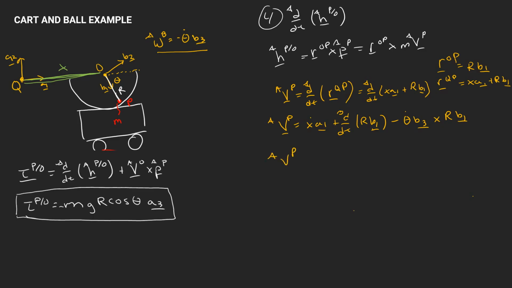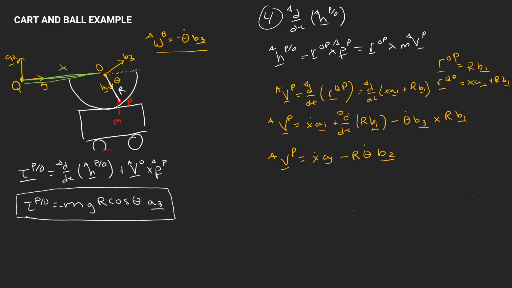And that means we'll ultimately get that the velocity is equal to X dot A1 minus R theta dot B2, since B3 crossed with B1 is equal to B2.